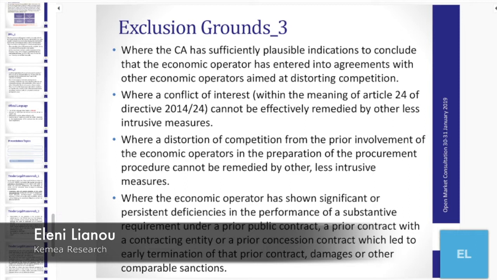And of course, where the economic operator has shown significant or persistent deficiencies in the performance of a substantive requirement not under this contract, of course, but under a prior public contract.